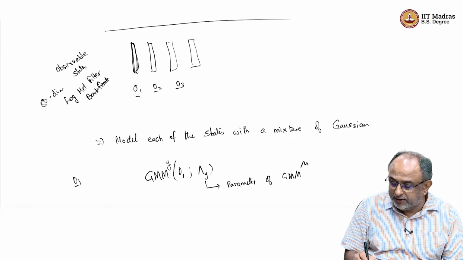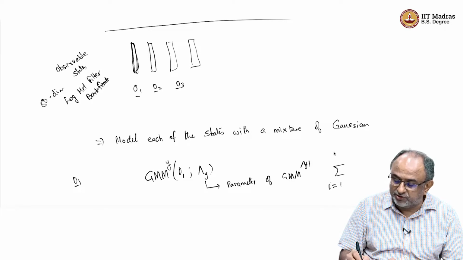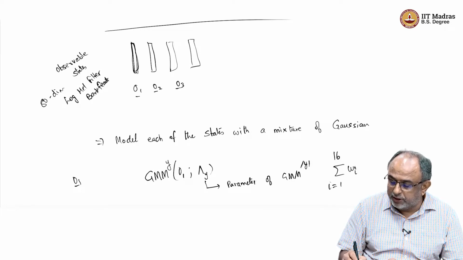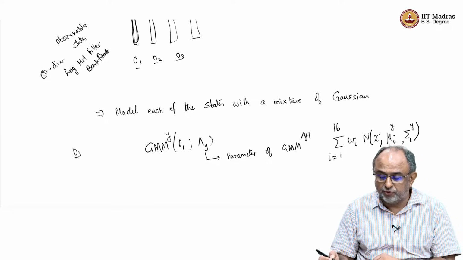The sound Y will basically be the summation over I, if I'm talking about 16 Gaussians, of some W_I with some associated mu_I and then sigma_I for the GMM for IY.